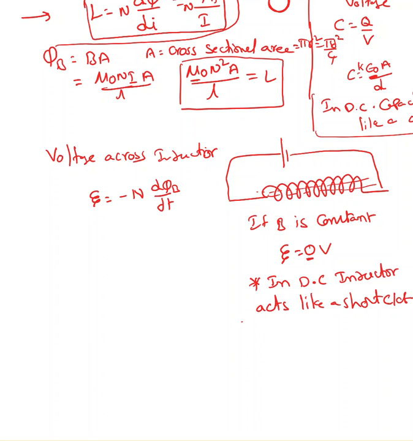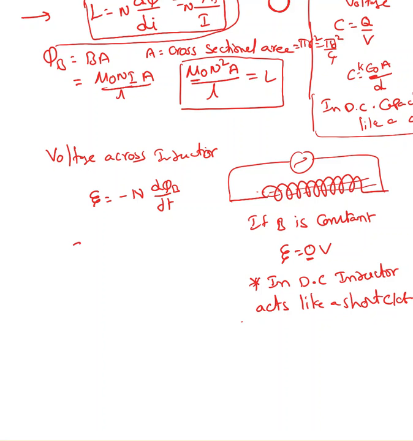Now if this is an AC source, assuming that instead of DC I connected it to an AC source, that means it's an alternating magnetic field. This coil is going to have an alternating magnetic field, so phi keeps changing.